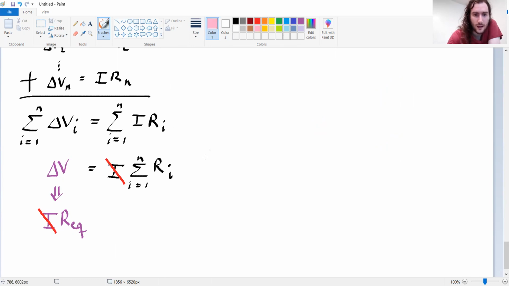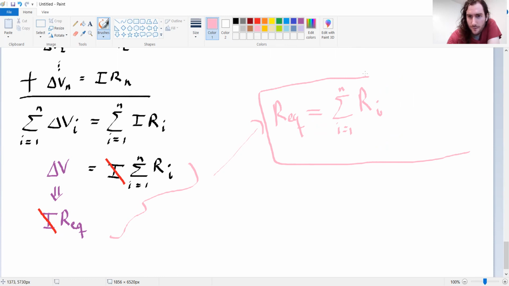And so we finally have that Req is equal to the sum from I equals 1 to n of R sub I. And this formula works for series. So resistors connected in series, if you want to replace them with an equivalent resistance, you sum up the resistances of those resistors in series.